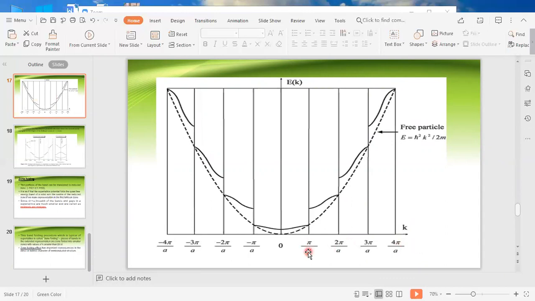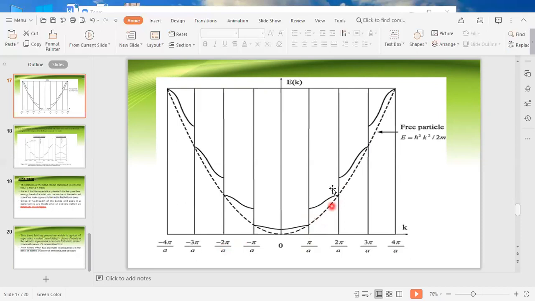That means you can see these bands, these dark lines are the bands. But at pi by a, at 2 pi by a, and similarly at minus pi by a, minus 2 pi by a, you can see that there is a gap, right? There is a gap here, a band, and there is a gap, a band, a gap.